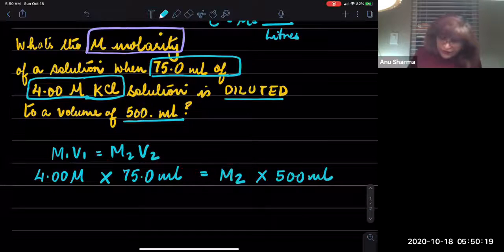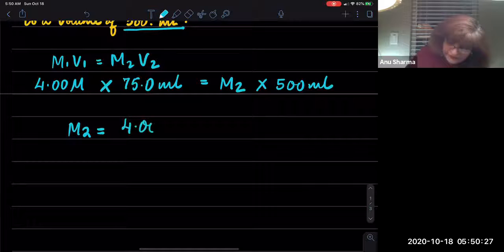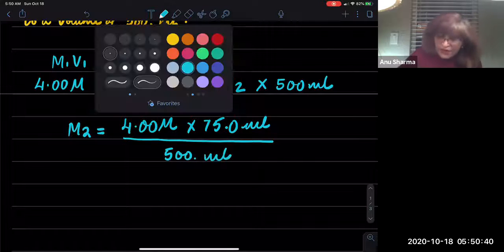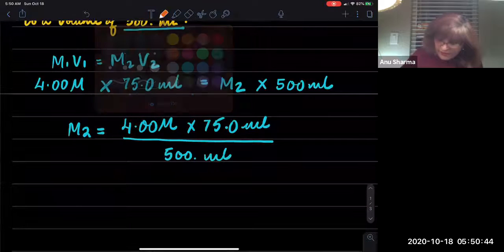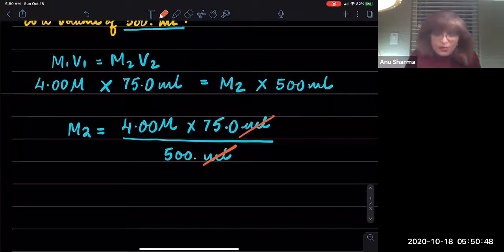So when you do the algebraic rearrangement, you have M2 is equal to 4.00 M times 75.0 milliliters over 500 milliliters. Now the milliliters cancel out, and you are just left with the unit of molarity.